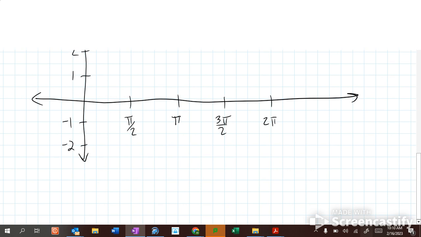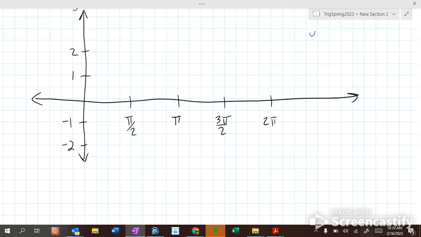But what does the cosine curve look like? 1, 0, -1, 0, 1. That is not a V. Okay, now on this, our asymptotes are here and here.